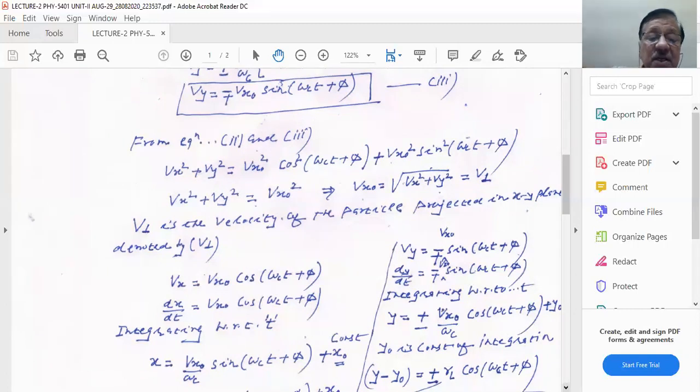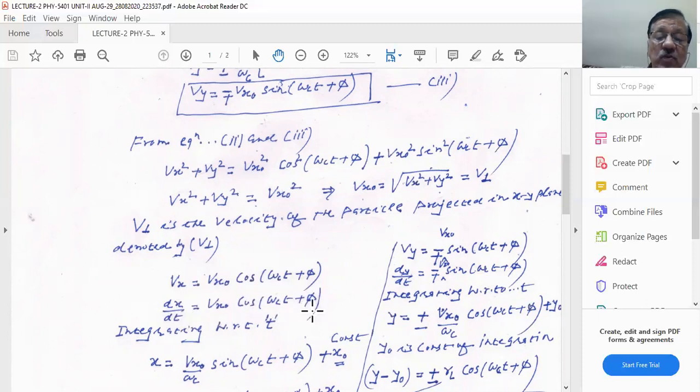So you can see here Vx is this relation which we have derived: Vx0 cosine of omega ct plus phi. Now Vx is basically dx by dt, which gives you the x coordinate. So dx by dt equals Vx0 cosine of omega ct.